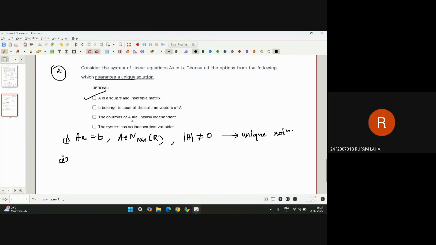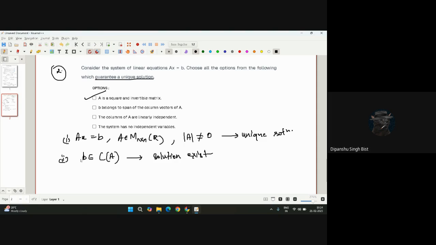No. So if B belongs to span of columns, we say it's the column space, denoted by C of A. If B belongs to C of A, then the solution exists.